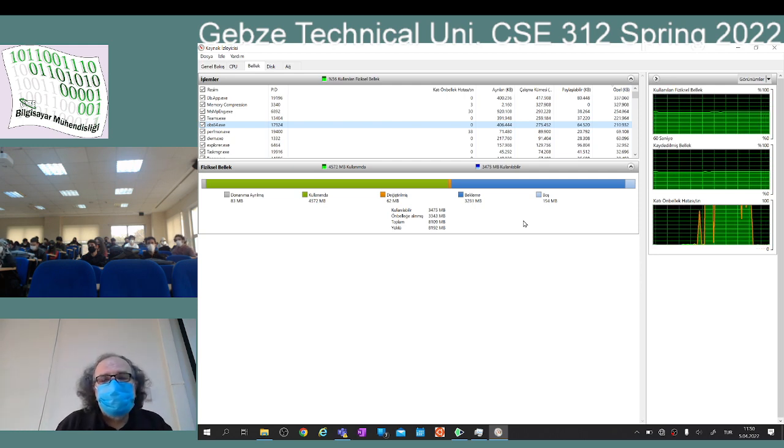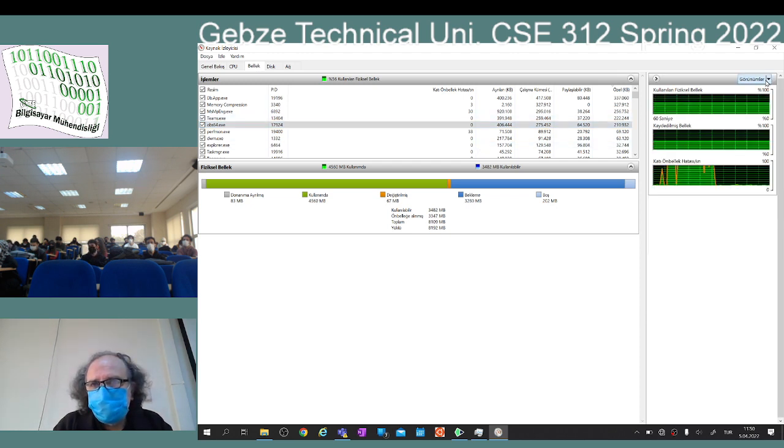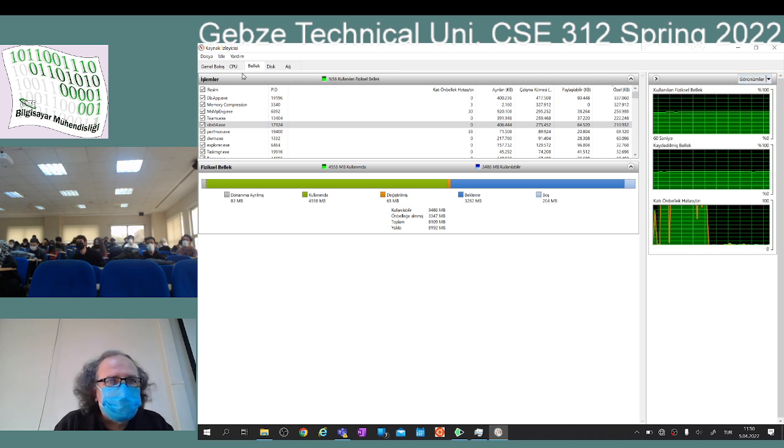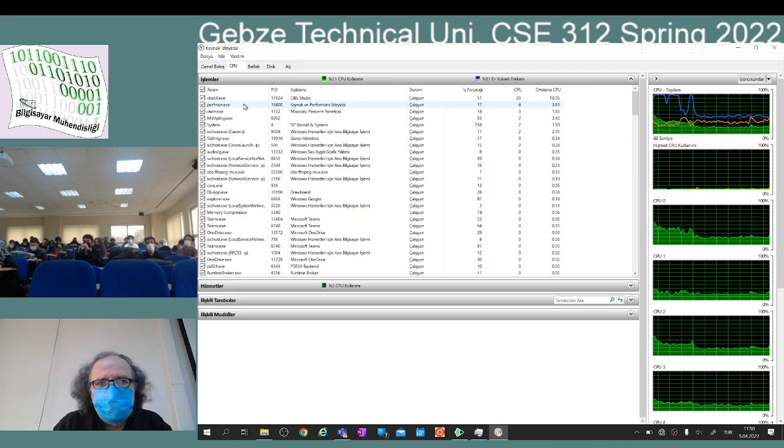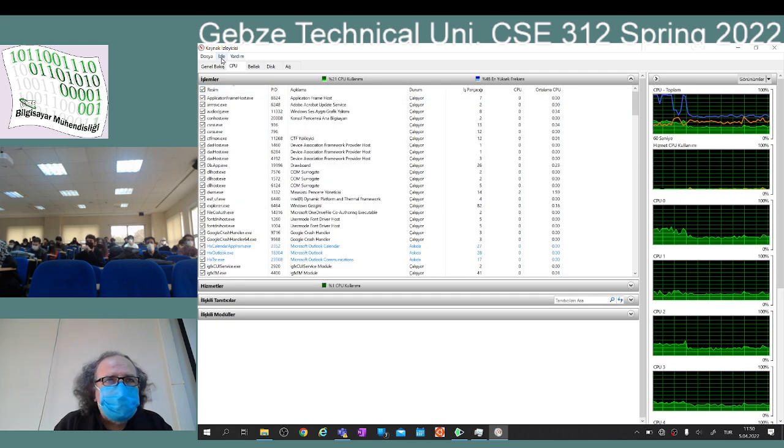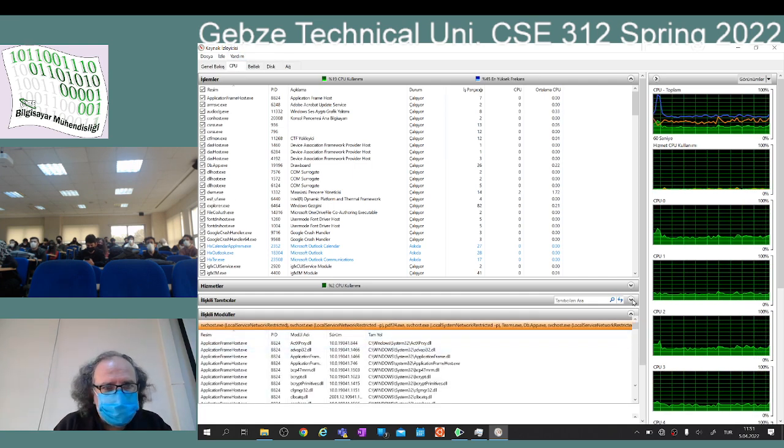So how do I keep it? It just writes the pages back to the disk whenever they are not used. So it doesn't wait until the memory is full. I couldn't find it. Maybe this one? No. It should be inside the CPU, and there must be some kind of option that says show me the page faults somewhere. Maybe open these up.